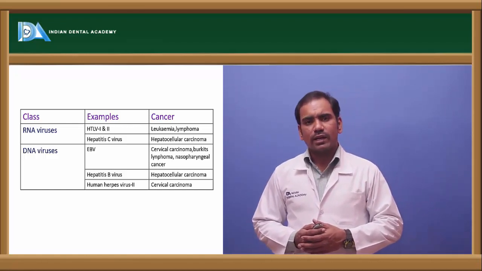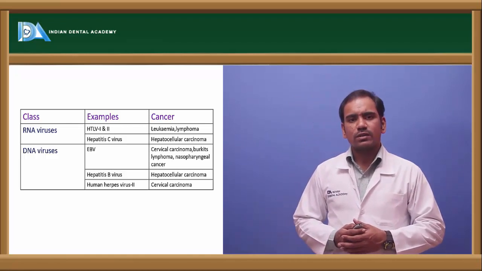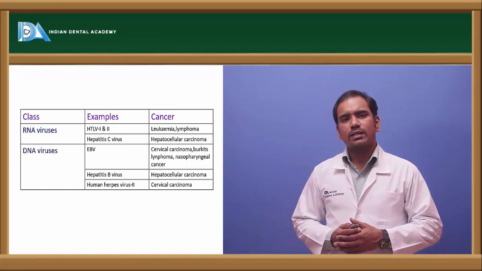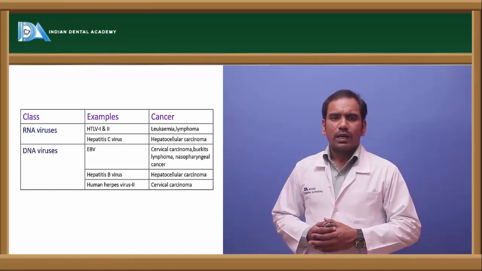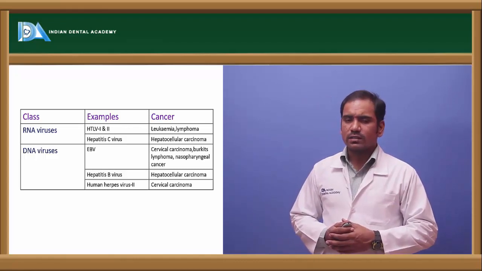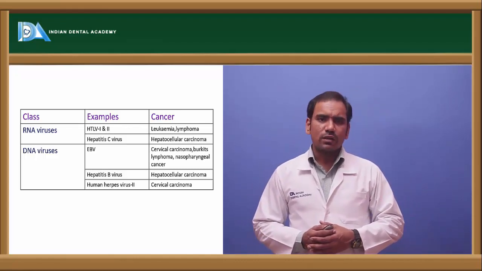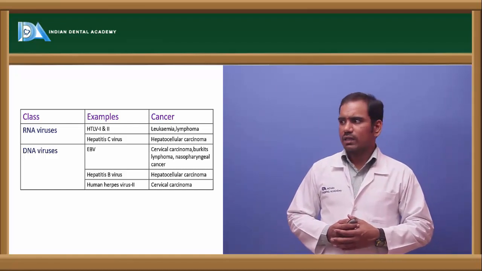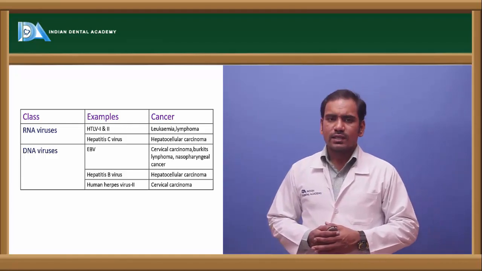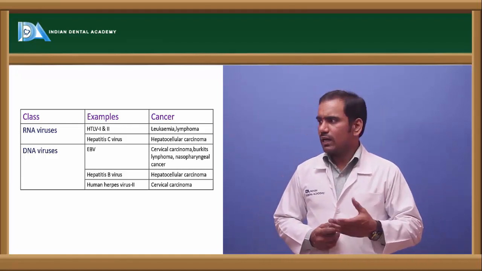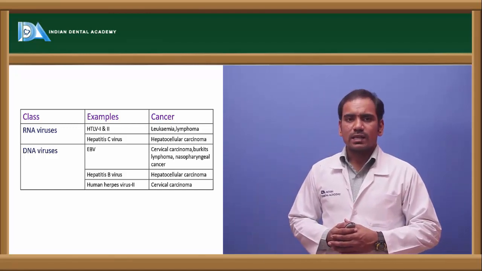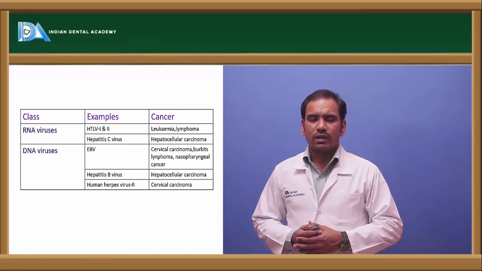Among DNA viruses, Epstein-Barr virus is responsible for nasopharyngeal cancer and Burkitt's lymphoma, hepatitis B virus causes hepatocellular carcinoma, and human herpes virus type 2 causes cervical carcinoma. These are the RNA and DNA viruses which can cause cancer, right?